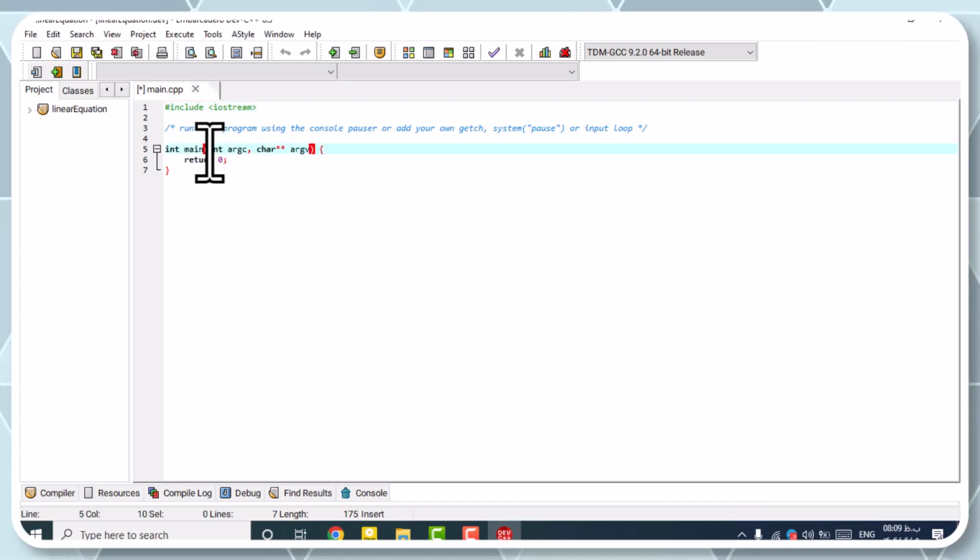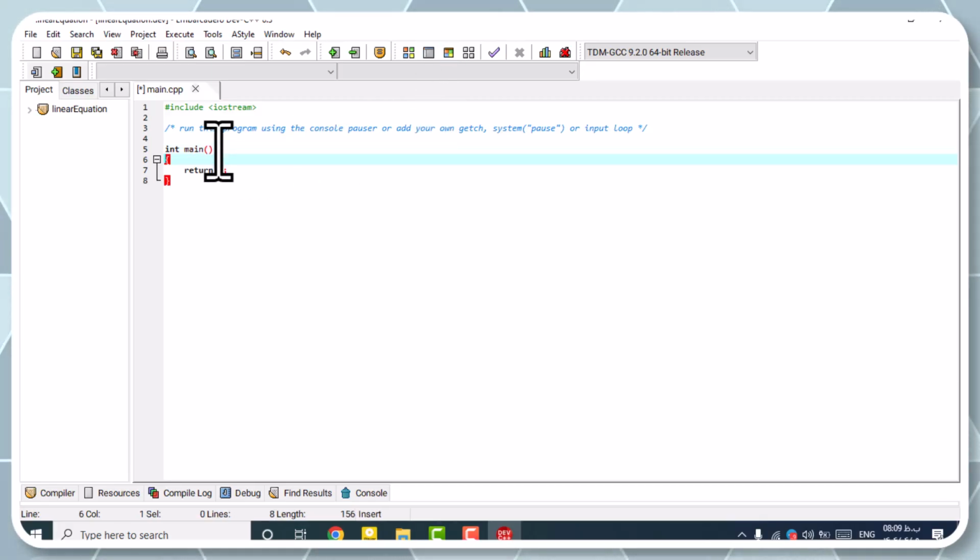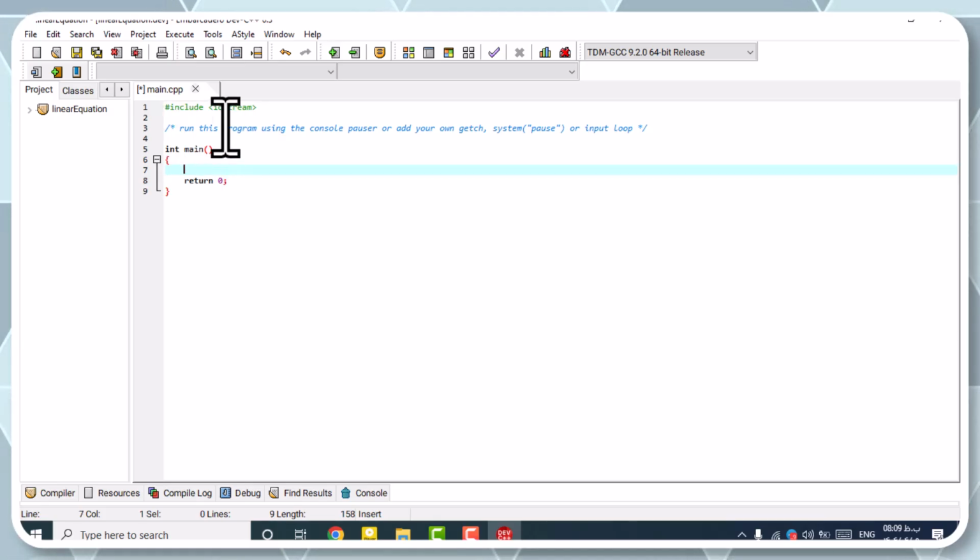Okay, I get rid of these expressions and write my program here. So let's play to make sure that this will work properly.